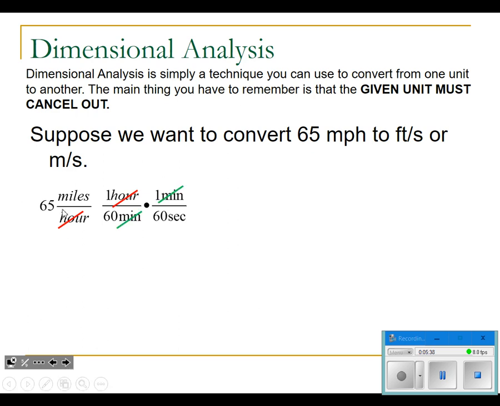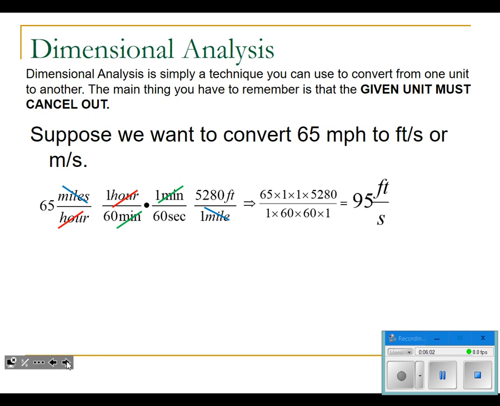And then we would just end up with miles over seconds if we did the math. So we take 65 divided by 60 divided by 60. And then we would use miles on top and miles on the bottom, and those would cancel out. And now we're in feet per second, but we want to be in meters per second, so we need to convert, so we could end up with this right here.